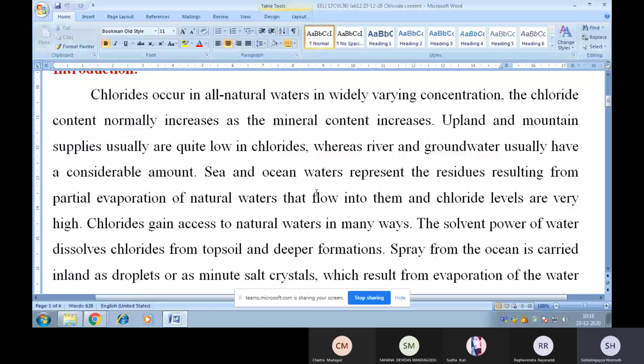For this reason, chlorides are generally limited to 250 mg per liter in supplies intended for public use. In many areas of the world where water supplies are scarce, sources containing as much as 2000 mg per liter are used for domestic purposes without adverse effect once the human system becomes adapted to such water.